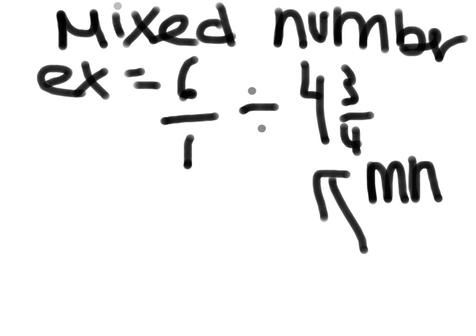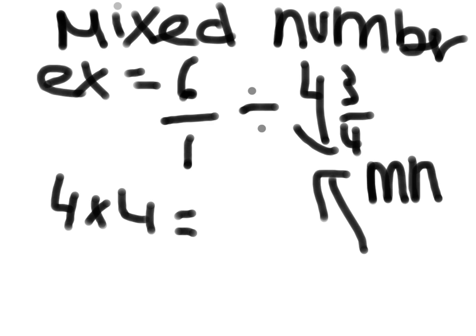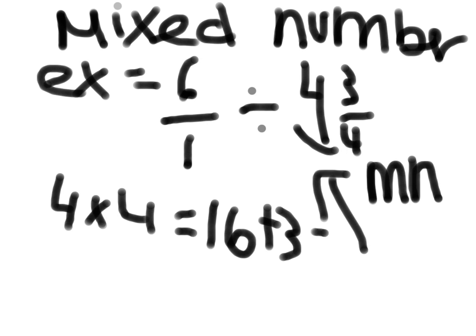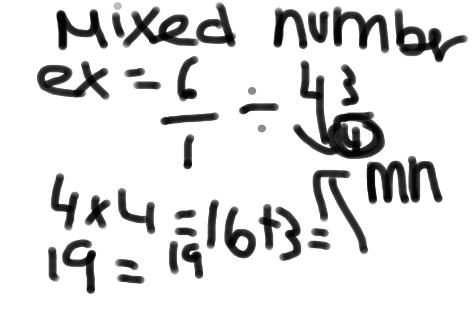Now, to do that, you do 4 times 4, okay? Which equals 16 plus 3, which equals 19. You always keep the bottom number, so it equals 19 over 4.